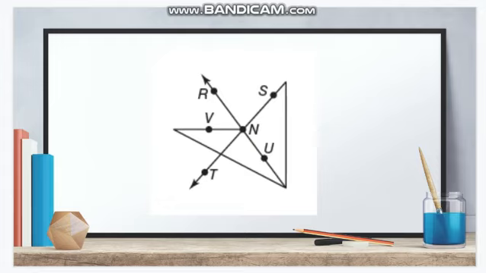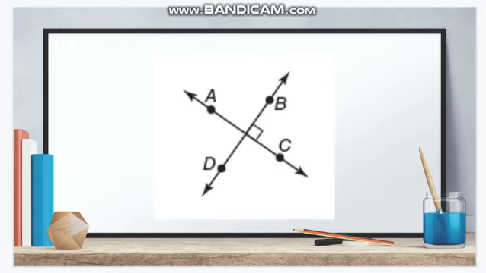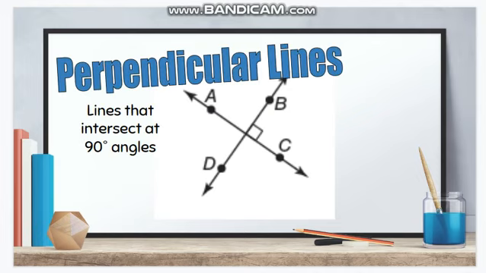Okay, so now we're going to talk about a special intersection. What types of intersecting lines are these? These are perpendicular lines. Perpendicular lines are lines that intersect at 90-degree angles.